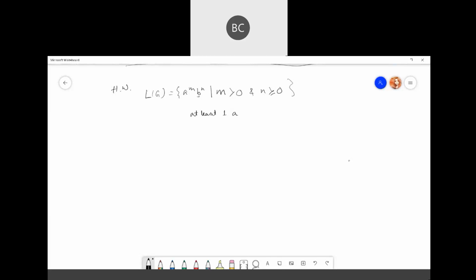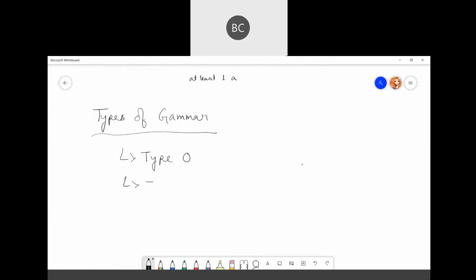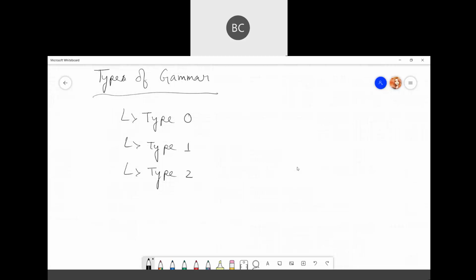Remember I said there are different types of grammar. So what are the different types of grammar? First is type 0, type 1, type 2, and type 3. And all of them have different names also.